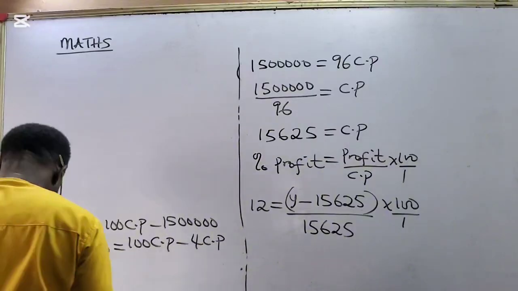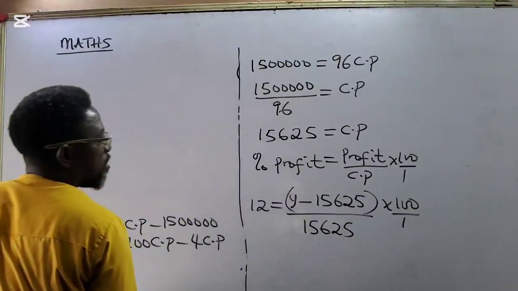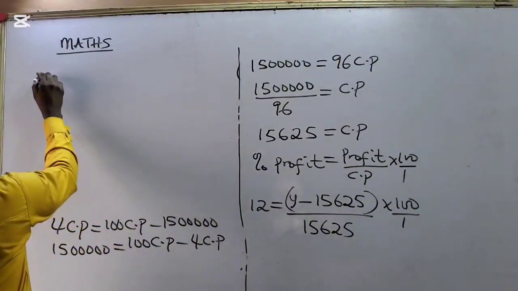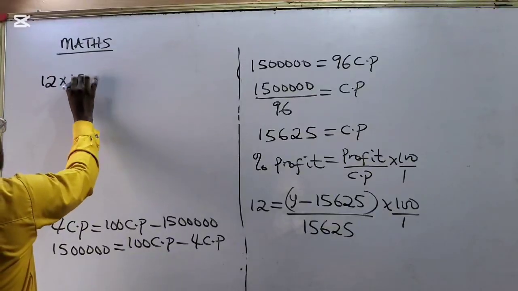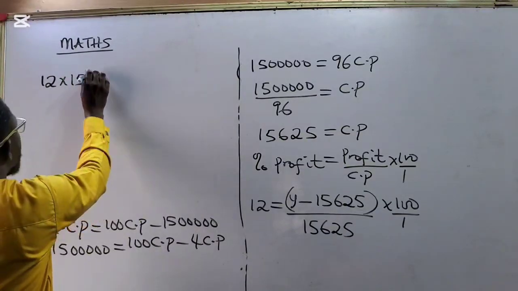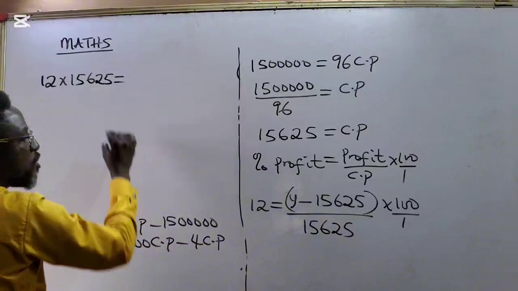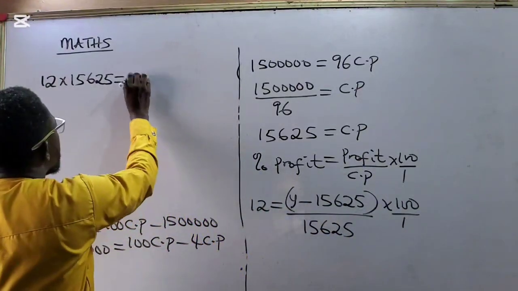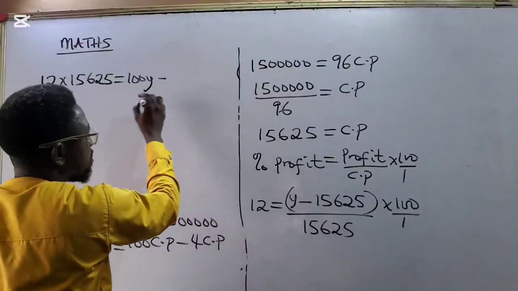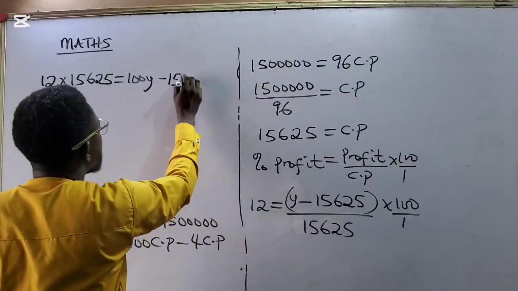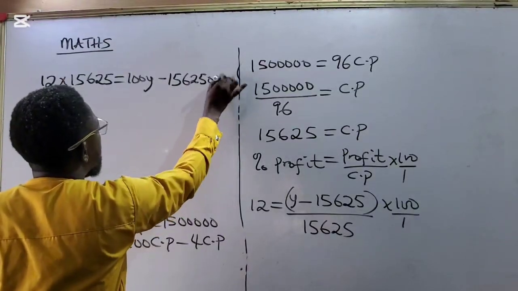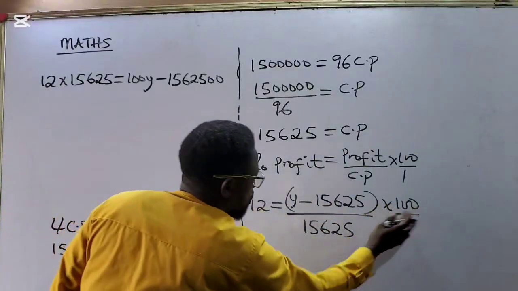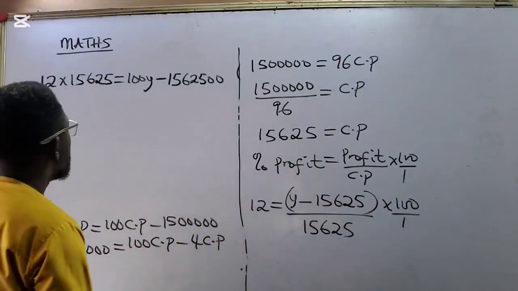You have 12 multiplying 15,625, and that will be equal to, we open the brackets, 100y minus 15,625, and I have double zero because of the 100 multiplying to open all the brackets.